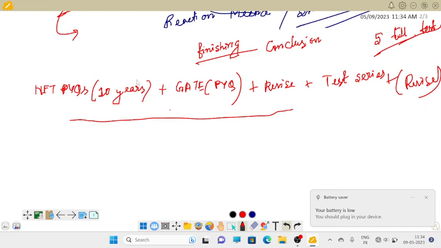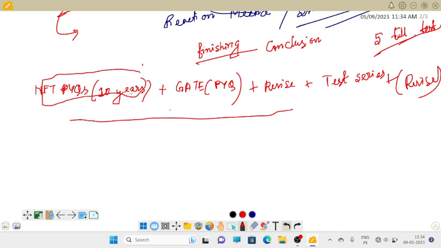And if you haven't started yet, you can go for the PYQs. Don't run for the test series first. Solve PYQs as much as possible, and then if you have time, solve the test series, then revise, because revising is very much important.